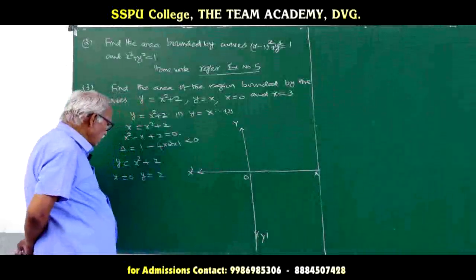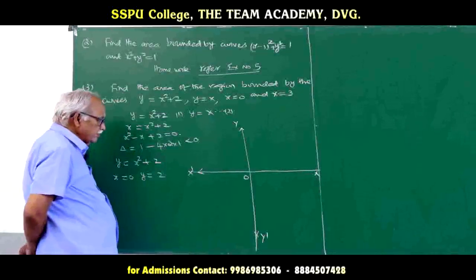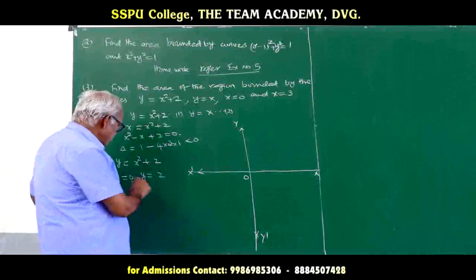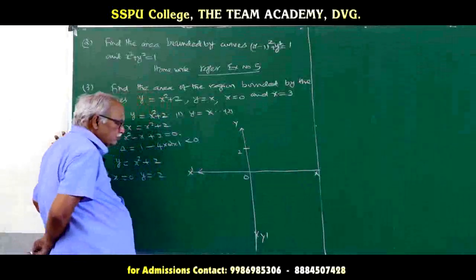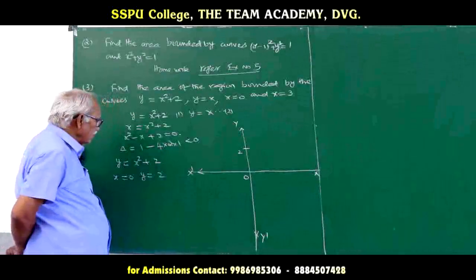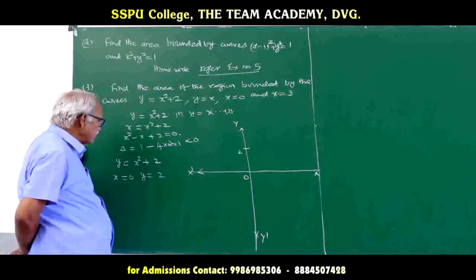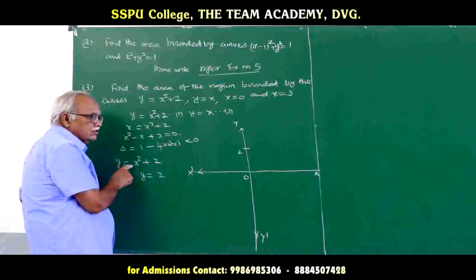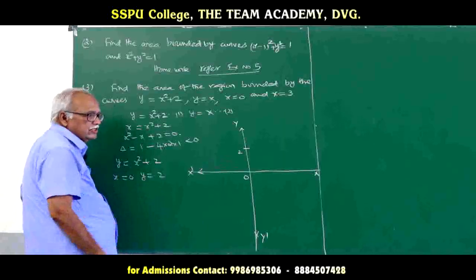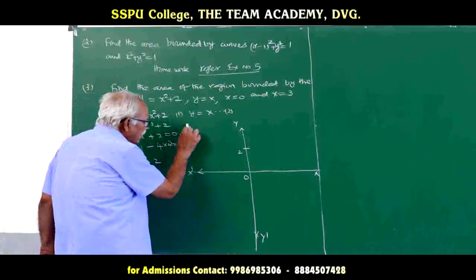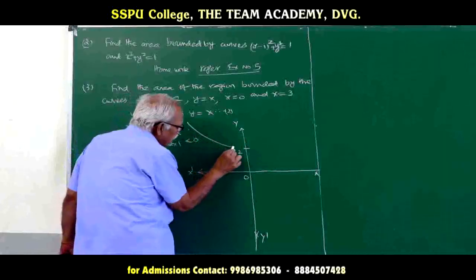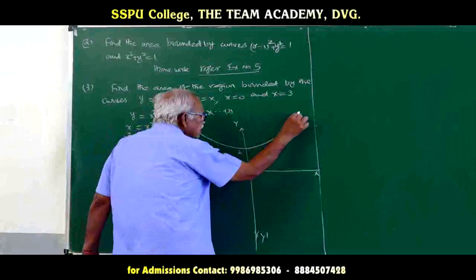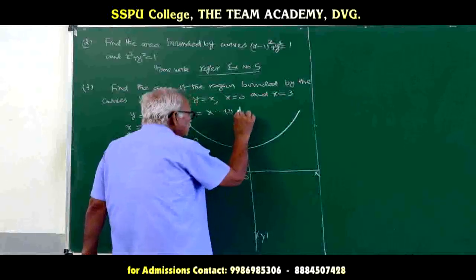When x is equal to 0, y is equal to 2. What is the shape of this parabola? x square is equal to y, so it is an upward parabola. The parabola is like this. This is the parabola curve.